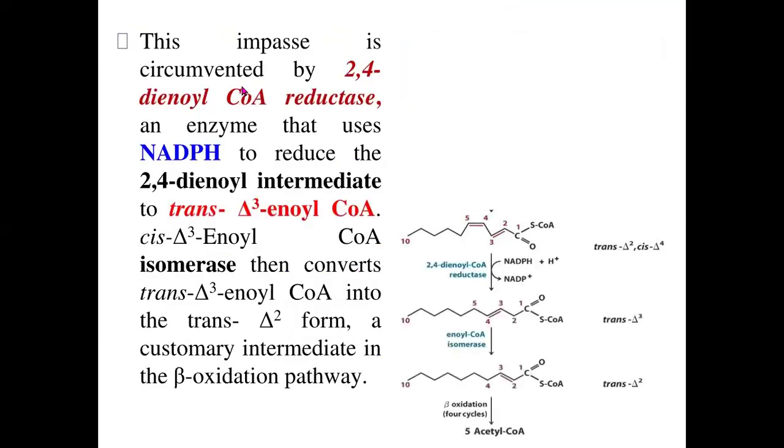This is now circumvented by 2,4-dienoyl-CoA reductase, which is an enzyme that uses NADPH to reduce the 2,4-dienoyl intermediate to trans delta 3 enoyl-CoA. Now, cis delta 3 enoyl-CoA isomerase then converts trans delta 3 enoyl-CoA into the trans delta 2 form, which is now the customary intermediate in the beta oxidation pathway.